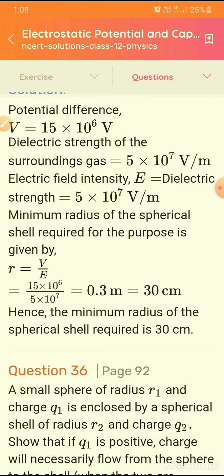So the minimum radius of the spherical shell required is given as R is equal to V divided by E. The V value is 15 into 10 to the power of 6, and the E value is 5 into 10 to the power of 7. If you simplify, you will get the answer as 0.3 meter. If we convert it into centimeters, that means 30 centimeters. So the minimum radius of the spherical shell required is 30 centimeters.